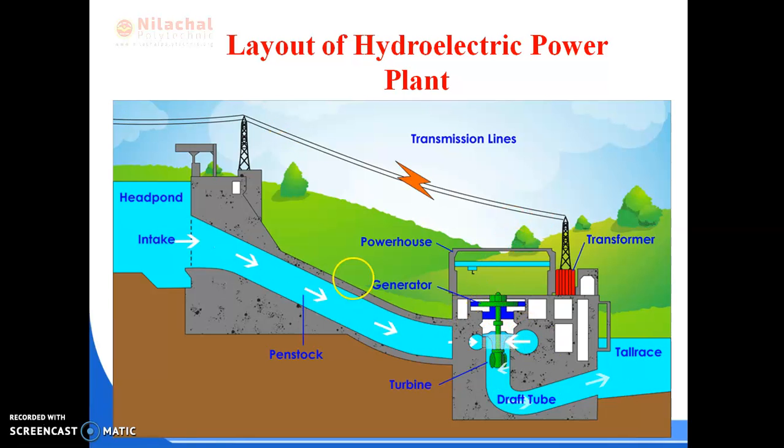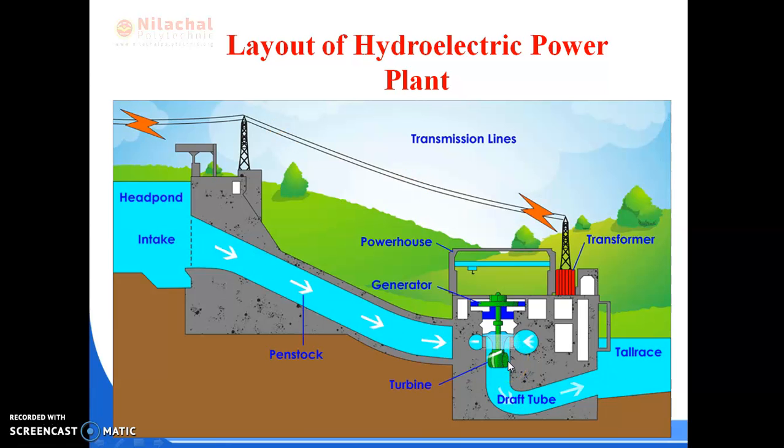First of all, the water from the dam enters the penstock. The penstock provides the water to the casing of the turbine unit. Through the casing, the water enters and strikes the blades of the runner.